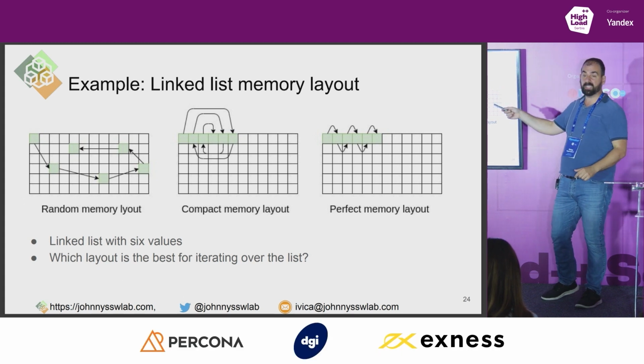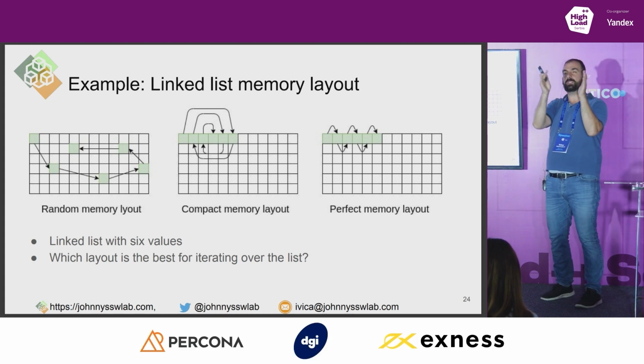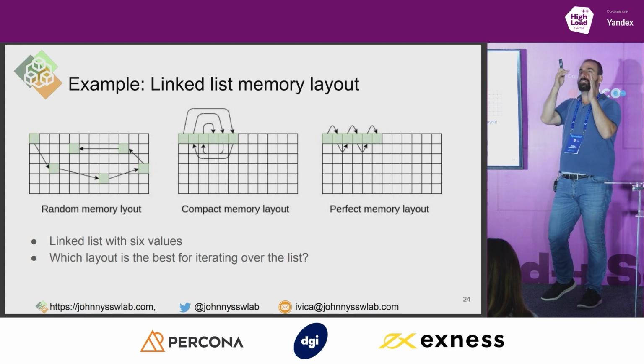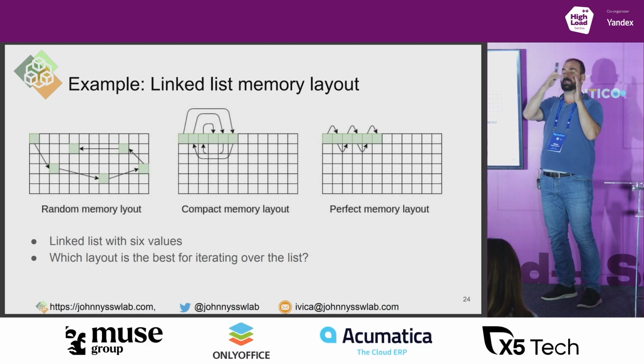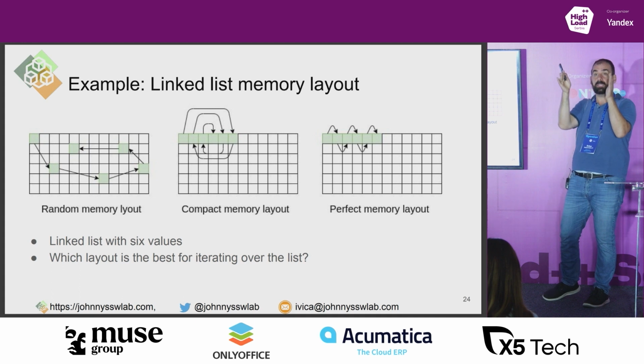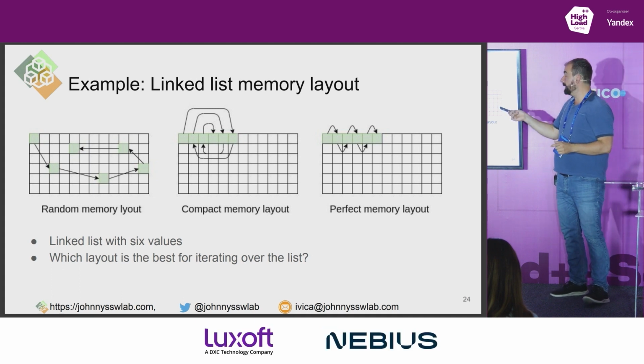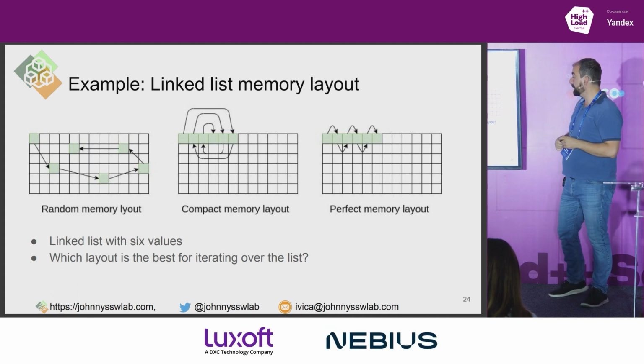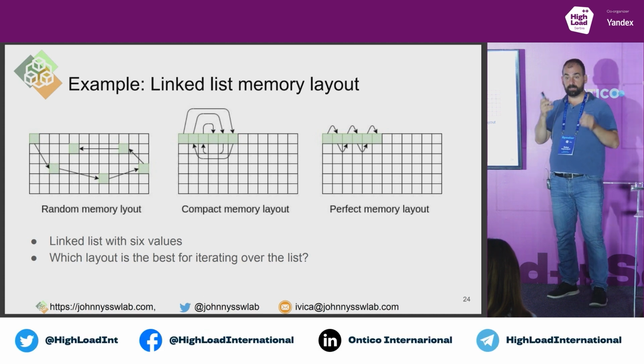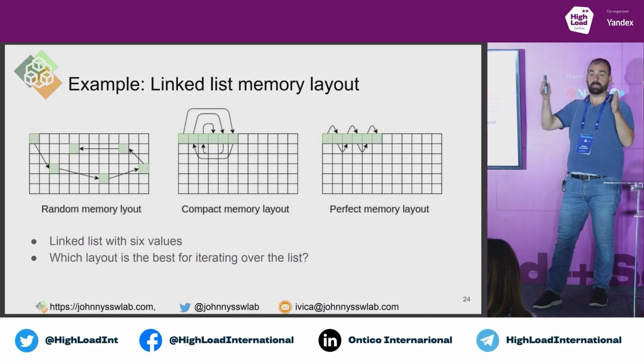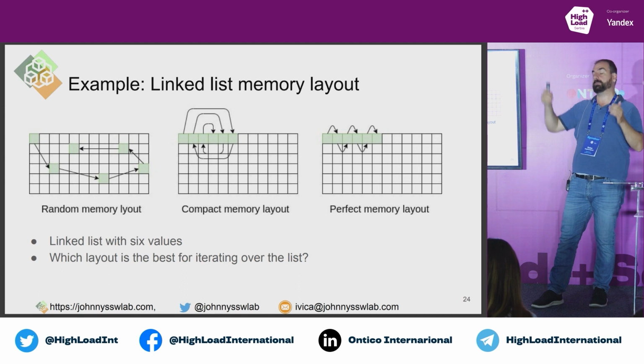But there is no physical ordering of them. They're just stored randomly in this compact block of memory. And the third one is a perfect memory layout. With perfect memory layout, logical neighbors in the linked list are also physical neighbors in memory.